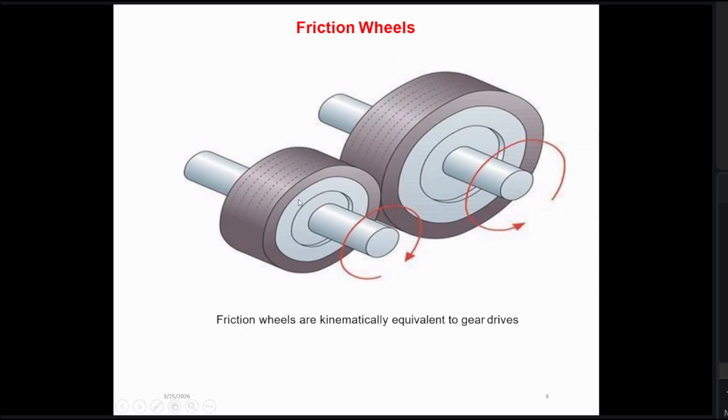Pinion is for the smaller one, and gear or wheel is for the larger one, right? And also to avoid any slipping between gear and pinion, we have tooth profiles, right? So that is the nature of a gear wheel.